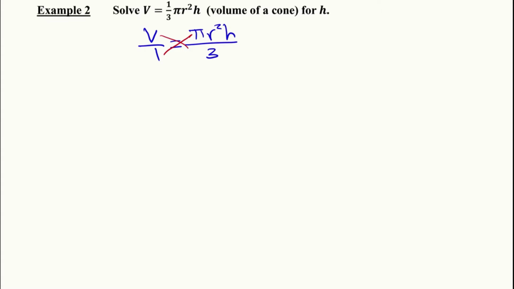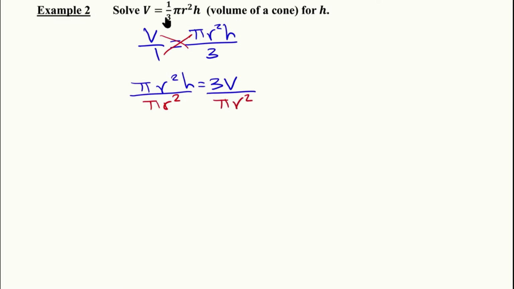So we end up with, notice that we're solving for h, so we get pi r squared h equals 3v. So now we want to get h by itself, so we'll go ahead and divide both sides by pretty much everything but h on the left side. So we're going to divide by pi r squared.